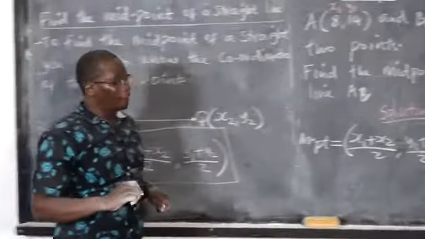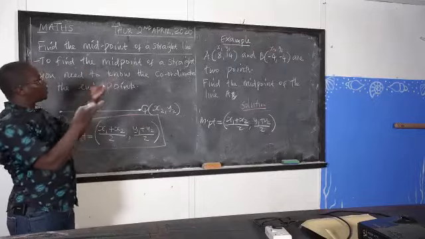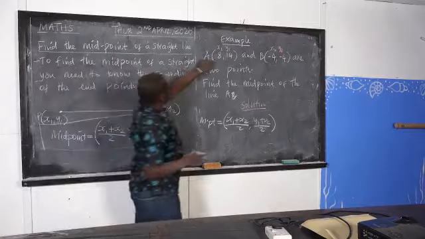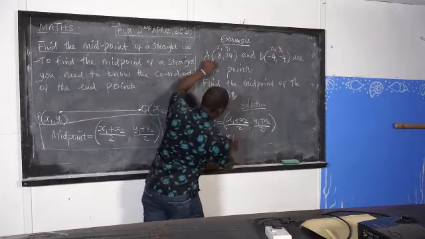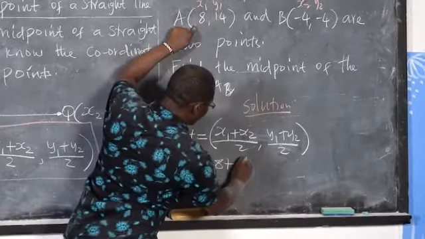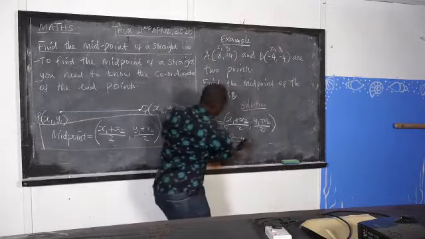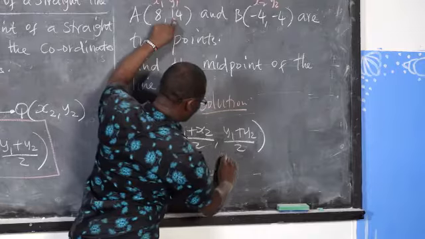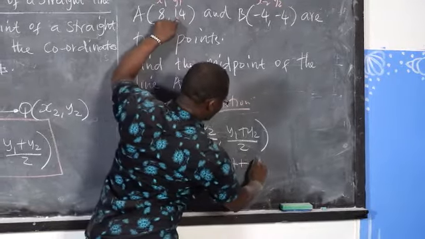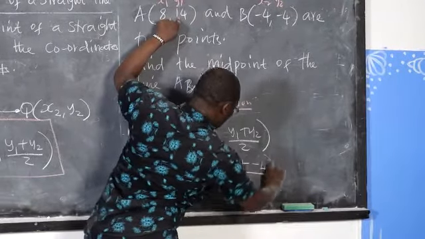So once you have the formula, you simply now substitute the values. x subscript 1 is 8 plus -4 divided by 2. Remember we are getting the average, comma, 14 plus -4 over 2, close the brackets.